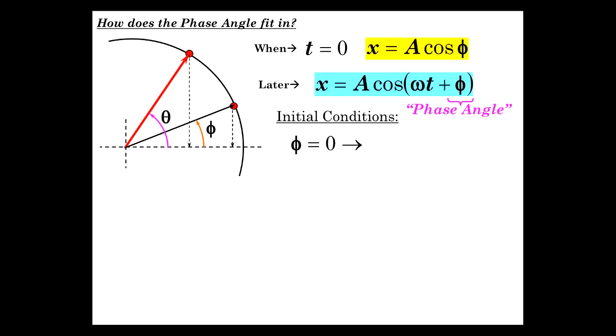Let's consider some initial conditions. If phi is equal to 0, then this thing reduces to x0 is equal to A. So if this is 0, then this is just 1, right?